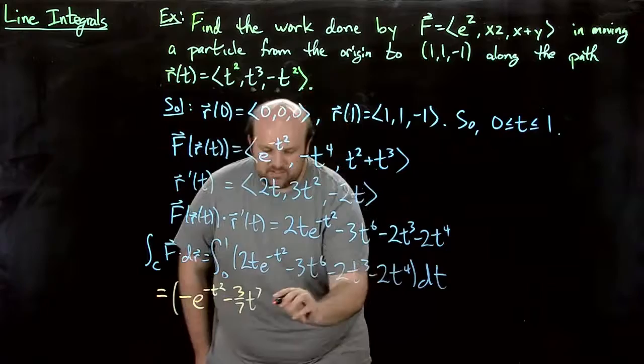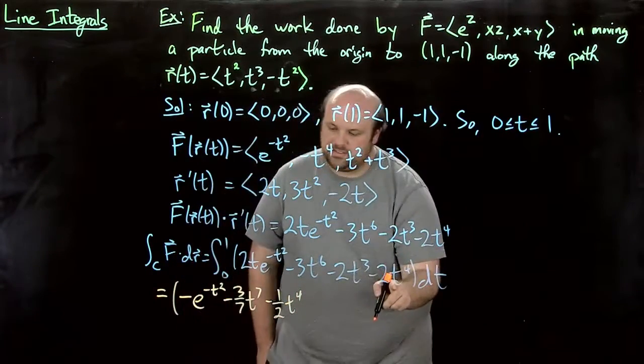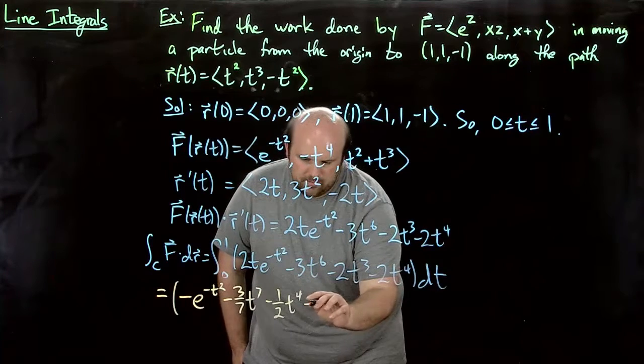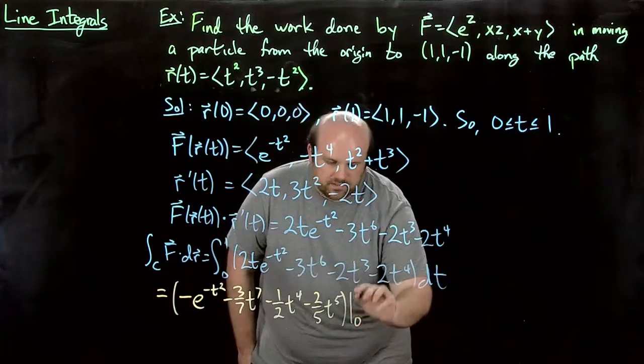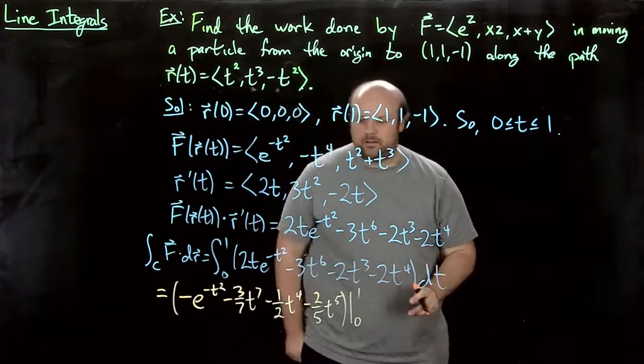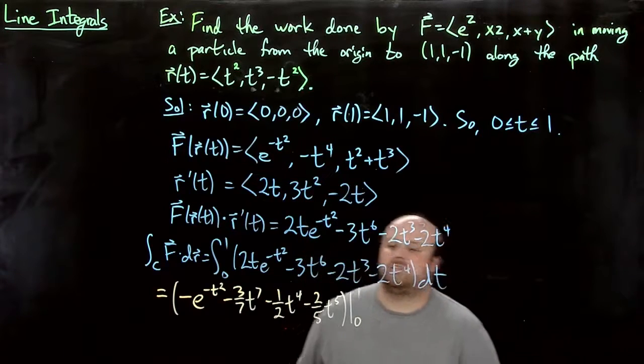This one is going to be minus 1/2 t to the 4th. This one is going to be minus 2/5 t to the 5th. That's from 0 to 1. Now we just have to evaluate this stuff.